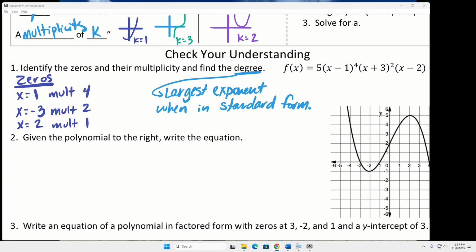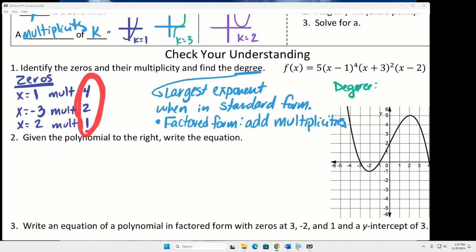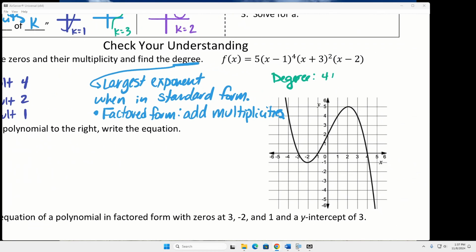It would be huge, too. So we can do that when it's in factored form. All you have to do when it's in factored form is add the multiplicities. Since we already wrote them down, they're right here. Or you could go back and do 4 plus 2 plus 1. But this one is going to have a degree of 7.